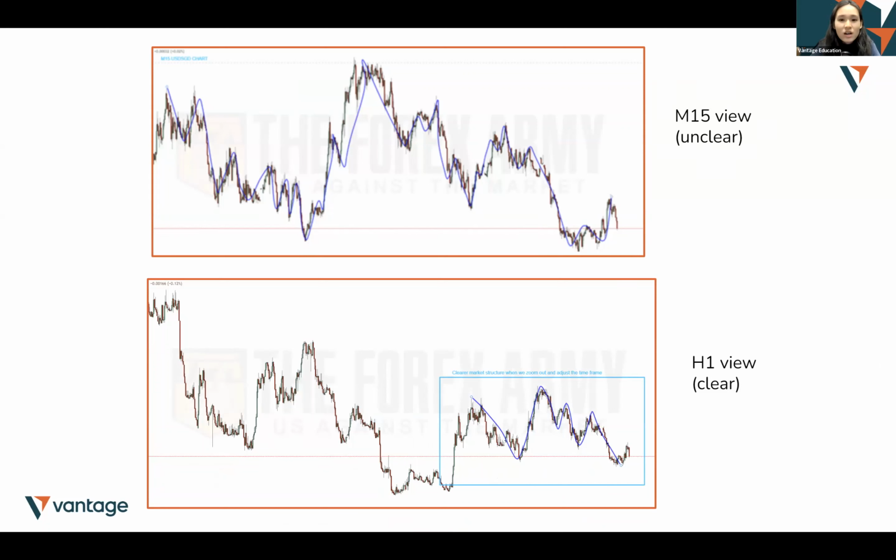It tends to be more unclear on the 15-minute time frame compared to the hourly or 4 hours. So if you look here on our hourly time frame for the same chart, this is a much clearer market structure, and we can see price movements more clearly.